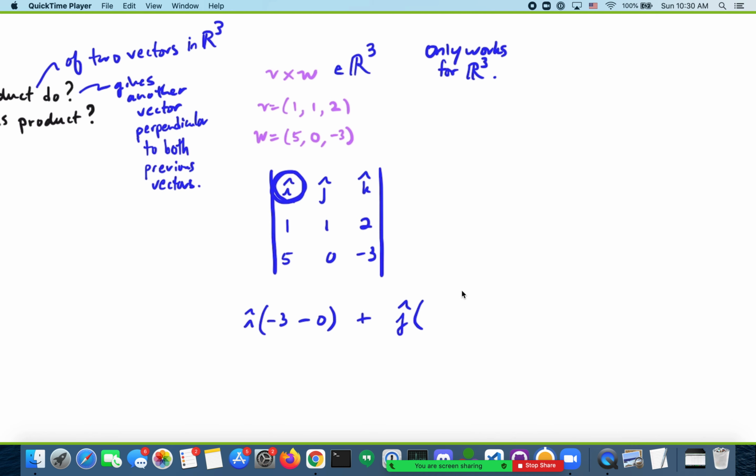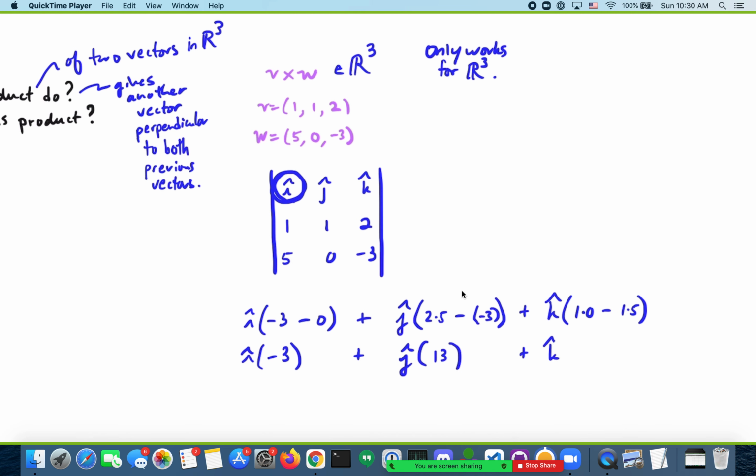So it'll be 2 times 5 minus 1 times negative 3. And then k hat will get these two with a plus and these two with a minus. So it'll get 1 times 0 minus 1 times 5. And so the end result here is i hat times minus 3 plus j hat times 10 plus 3 plus k hat times 0 minus 5.